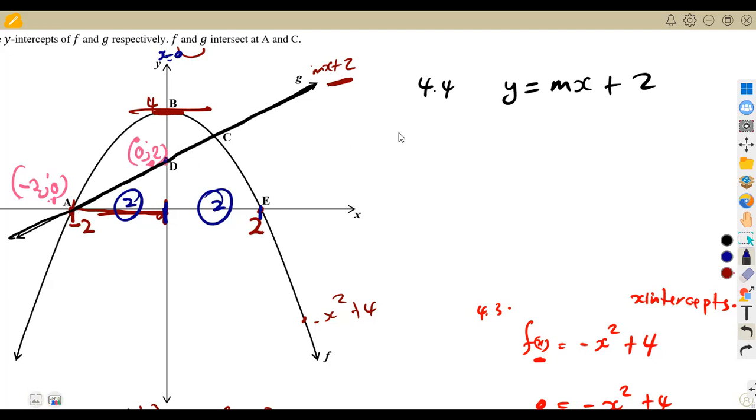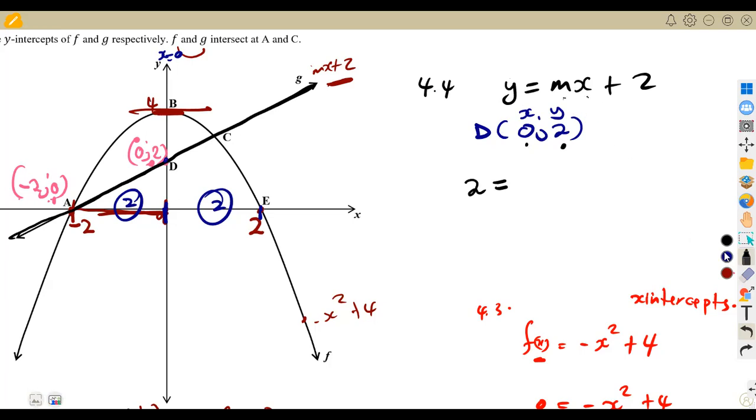So let's say I want to use the point D. The point D is at a point where y is 2, meaning to say it is the y-intercept, so x is equal to 0, y is equal to 2. So at this point, I have the value of x and I have the value of y. So I can substitute what I have. In place of y, I'm going to substitute the value of y, which is 2. So 2 is equal to mx plus 2, and our x there is a 0.